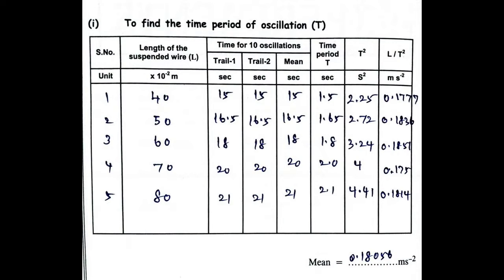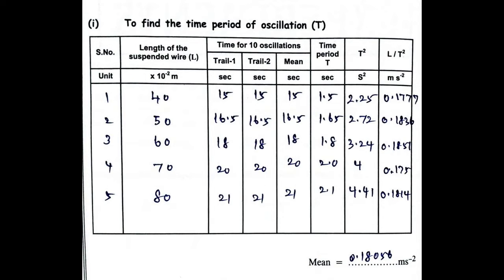Here, the period of oscillations T. I choose first of all the length 40 centimeters, edge to edge, and find 10 oscillations, trial 1, trial 2, and get the mean values.